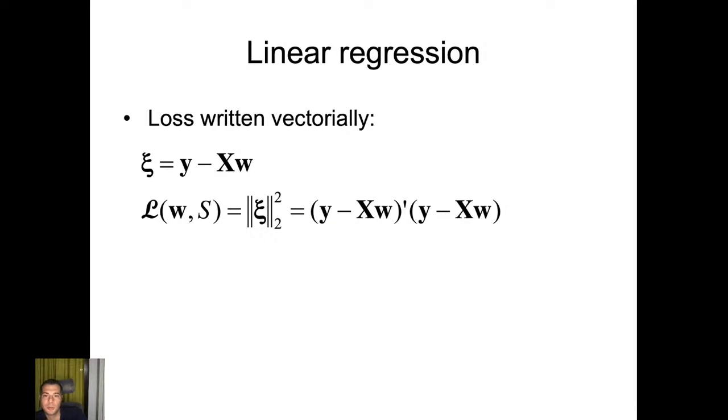So actually we will prefer to use the vectorial notation. So the error epsilon is y minus x times w. So this is the function g computed. So it's a vector of values with respect to all the input data samples. So the matrix X contains all the data samples.